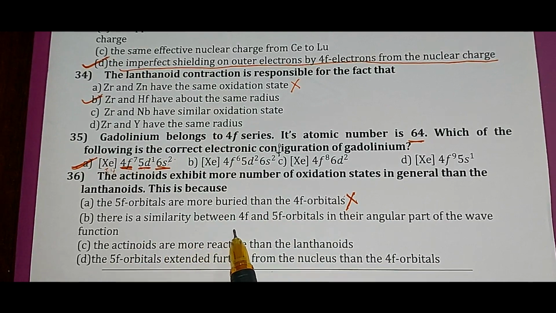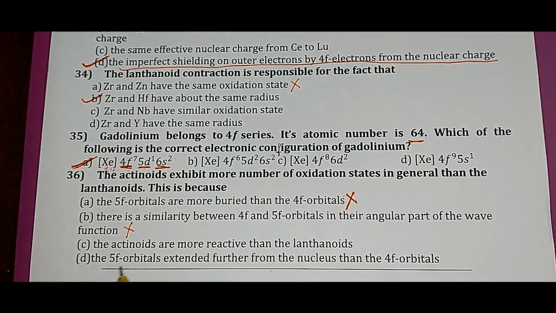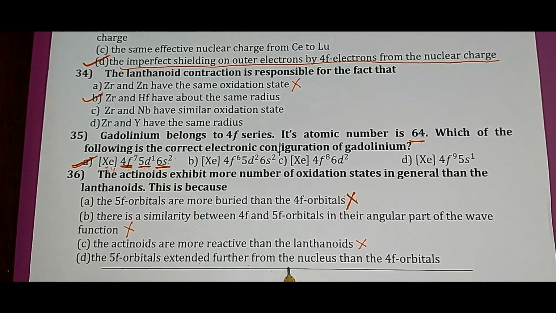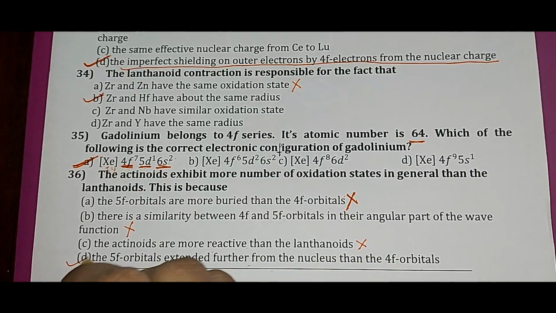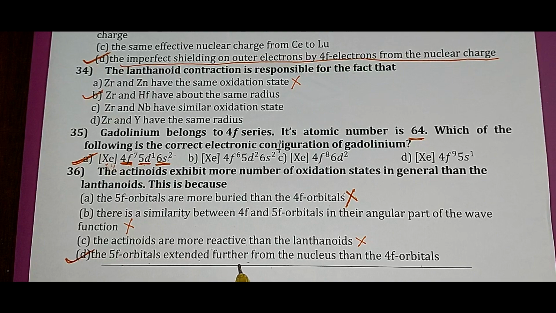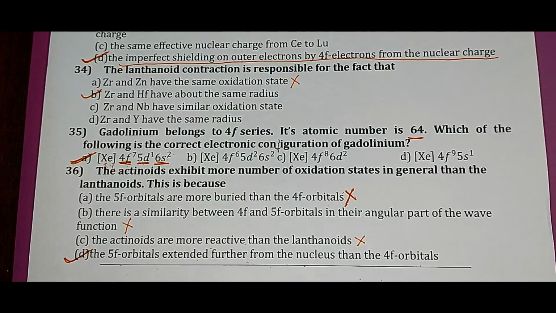There is a similarity between 5f and 4f orbitals in their angular part of wave function? No. The actinides are more reactive than lanthanides? No. The 5f orbitals extended further from the nucleus than 4f orbitals. The correct answer is option D. The suitable answer for the above question is the 5f orbitals extended further from the nucleus than the 4f orbital.